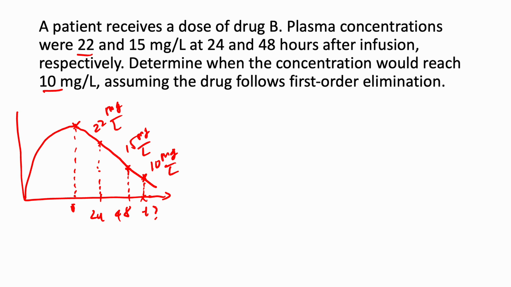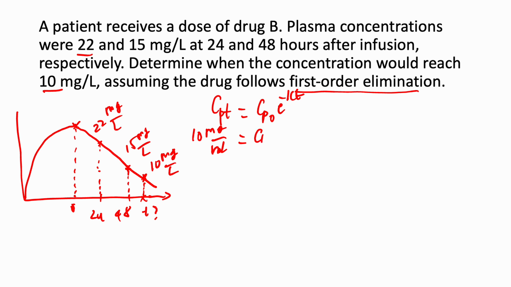Now we come back to the calculation for this scenario. This is for first order elimination. Whenever you are asked to calculate or to predict the concentration or the time, you always use the equation C_t is equal to C_0, the initial concentration, times exponential minus Kt. In this scenario, the drug concentration of 10 milligram per liter is C_t, and you need to calculate t.